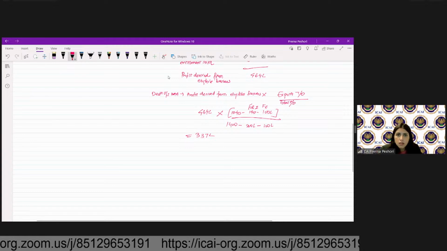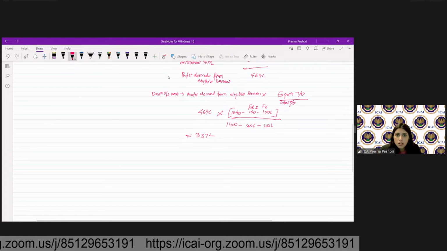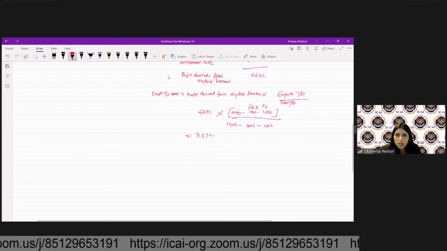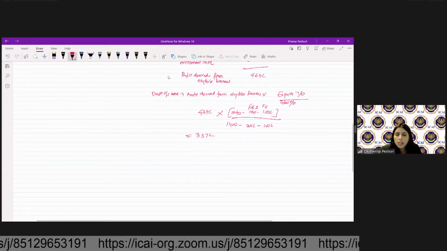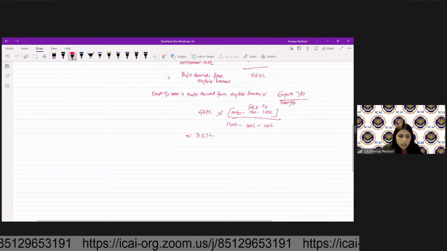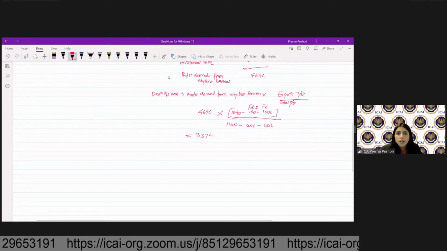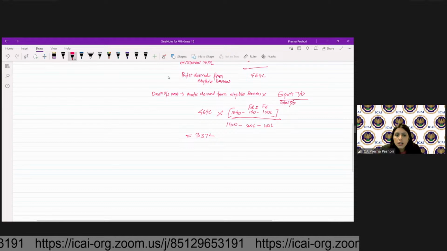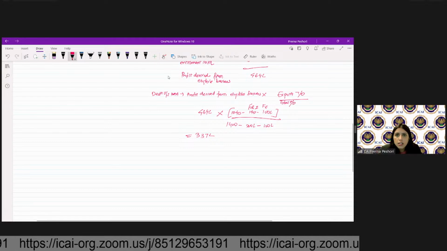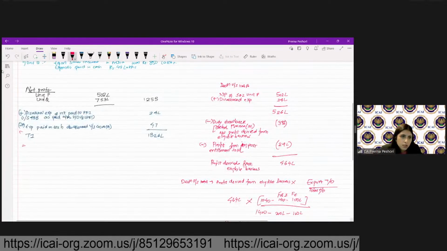So 337 lakh. Okay. Now this is my deduction under 10AA. So I will reduce it.